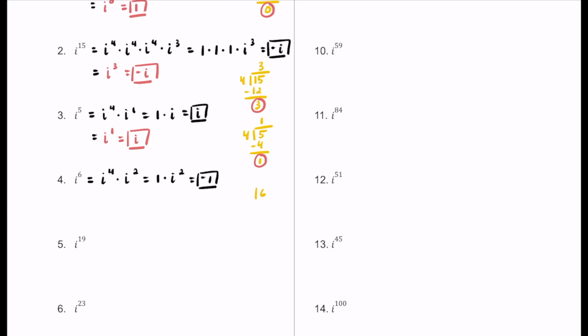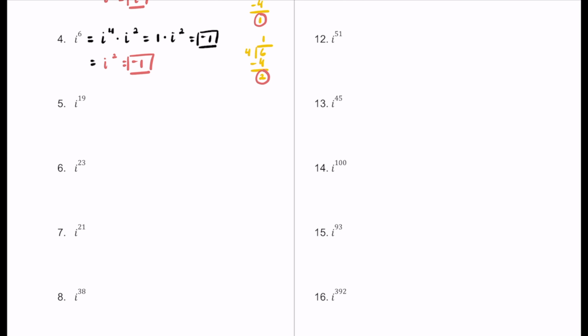Again, the shortcut is take the exponent of 6 and divide it by 4. Goes in 1 time. 1 times 4 is 4. You get a remainder of 2. Notice this 2 is really what we can simplify the whole power of i down to. So it's going to be i to the 2nd power, and that's equal to negative 1. So that checks out because we get the same answer either way.